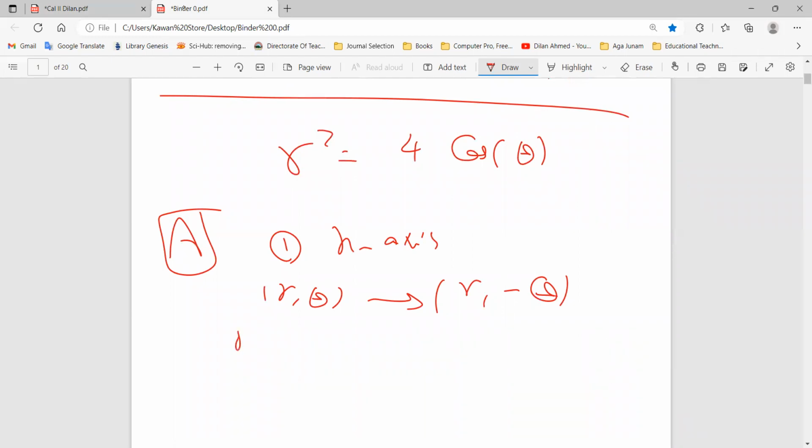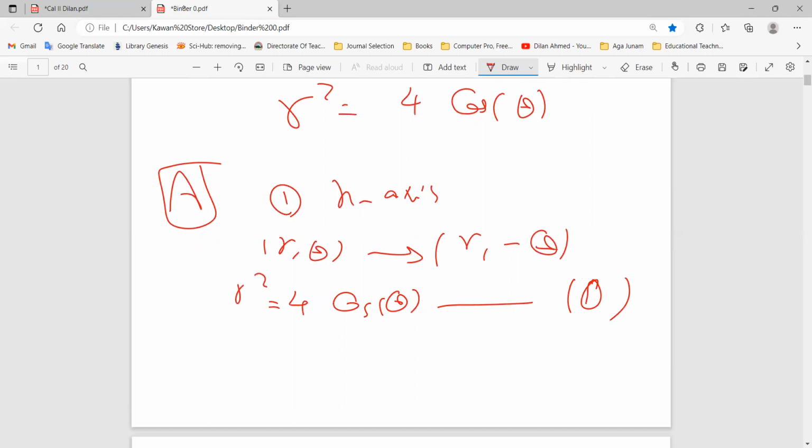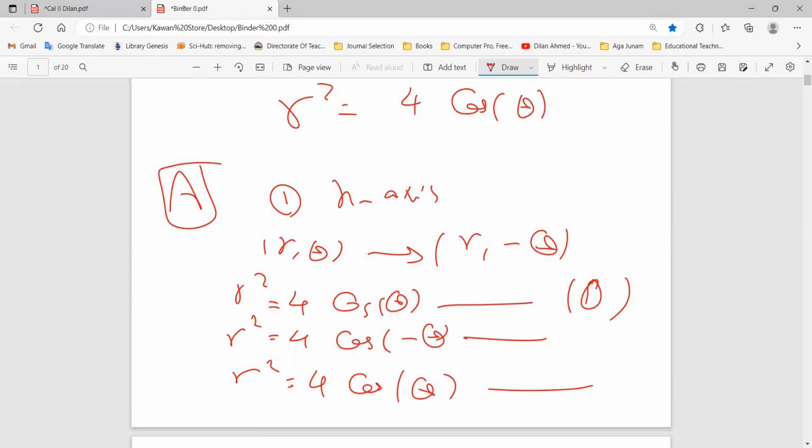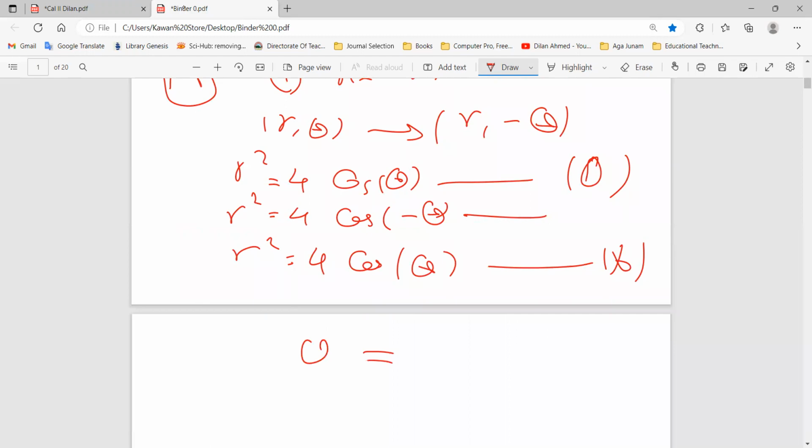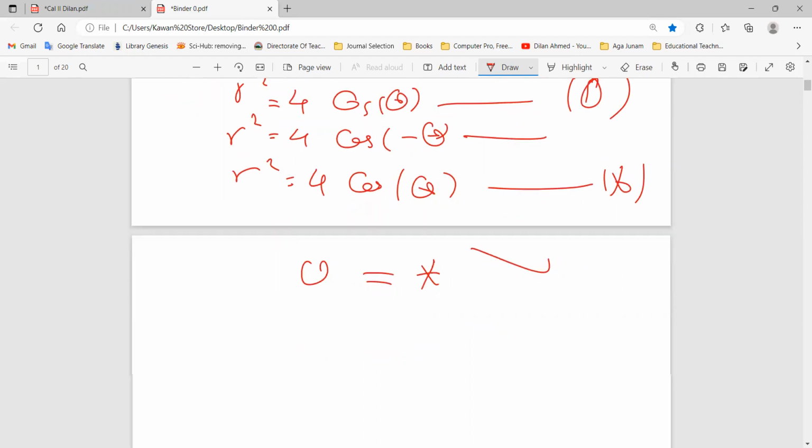If I have r squared equals 4 cosine theta, which is my original one, we change it to r squared equals 4 cosine of minus theta, and you know that will be r squared equals 4 cosine theta. We remember that one as a star. Finally, we compare the original with the star. If they are equal, it means symmetry, otherwise not. So it's symmetric.